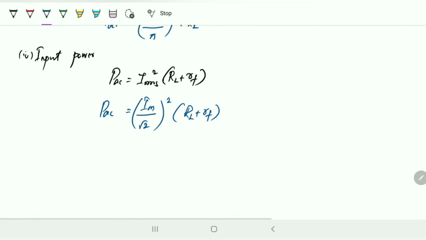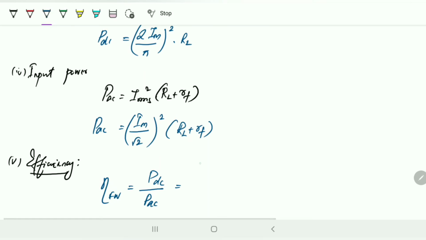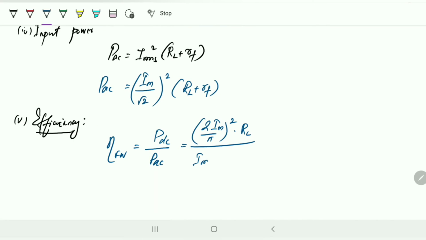Now shall we find the efficiency? The efficiency of the full wave rectifier is PDC by PAC. PDC is 2 Im by pi the whole square into RL, divided by PAC, which is Im by root 2 the whole square into RL plus RF.